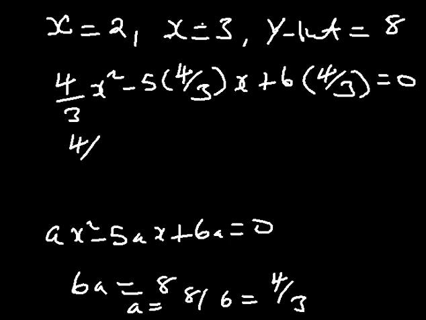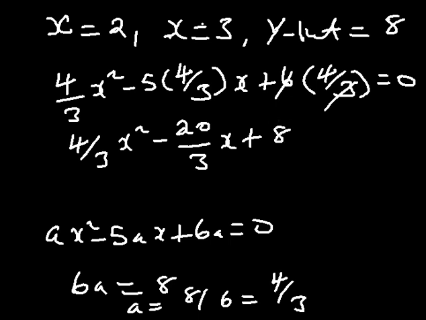We have 4 over 3 x squared minus 20 over 3 x, plus, 3 into 6 giving us 2, you have 8 is equal to 0.